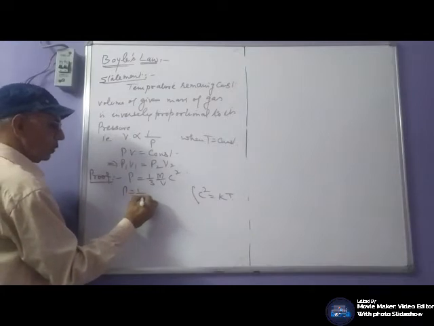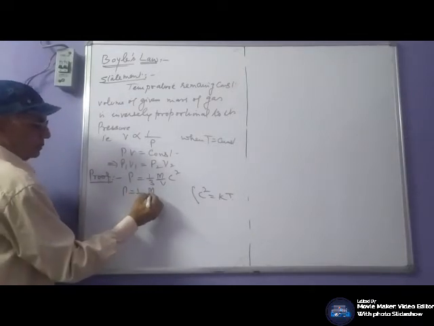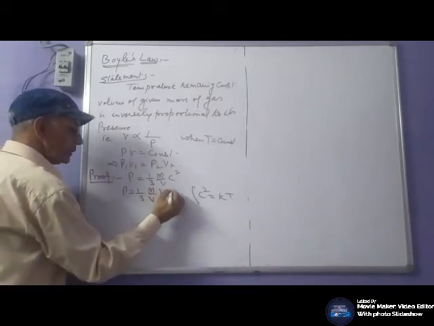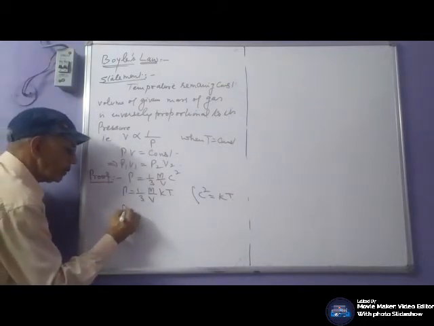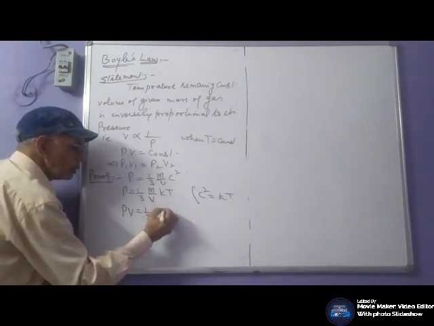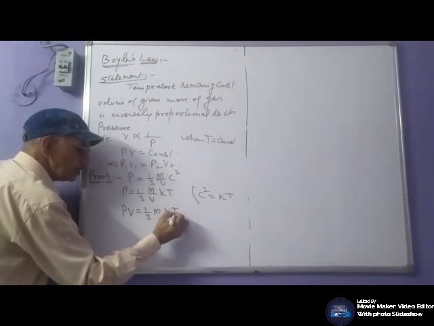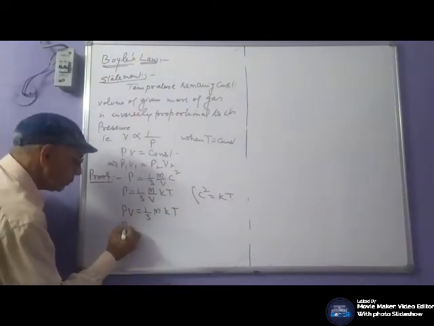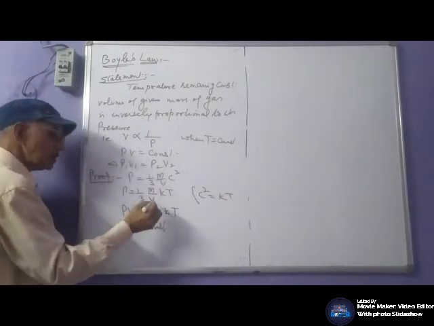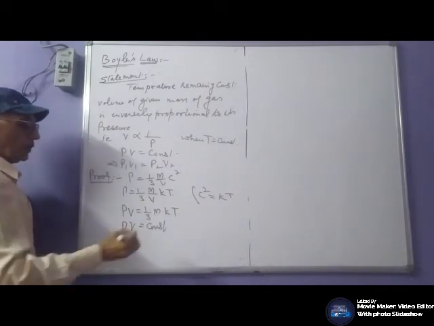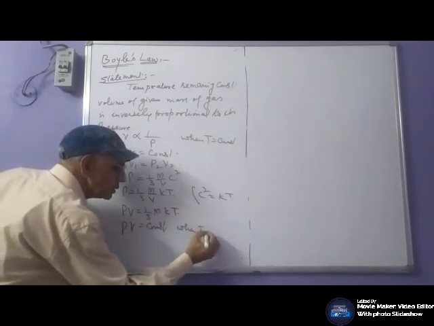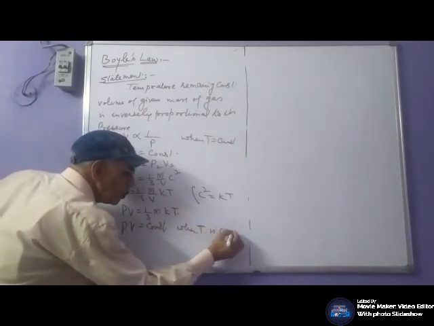P is 1 by 3 m by V kT, or PV is 1 by 3 m kT, or PV is constant, because this is constant, this is constant, and temperature remains constant when T is constant.